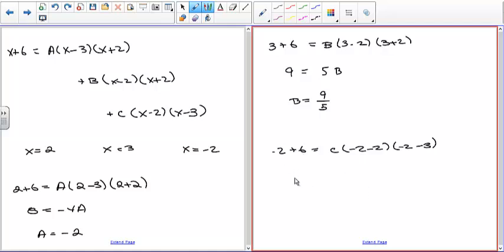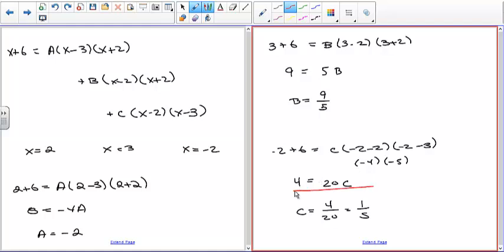So over here we get 4. So you have -4 times -5. So that's positive 20. So you get 20c. Okay, so this is -4, this is -5. -4 times -5 is 20. So c is equal to 4 over 20, which is equal to 1/5.